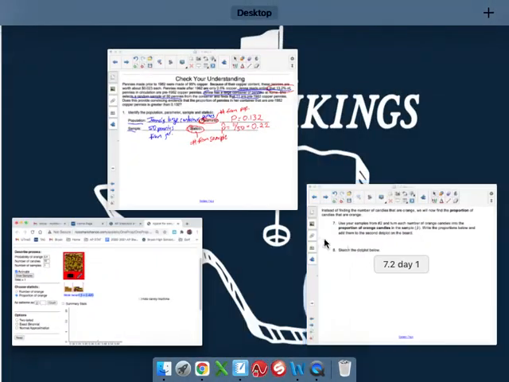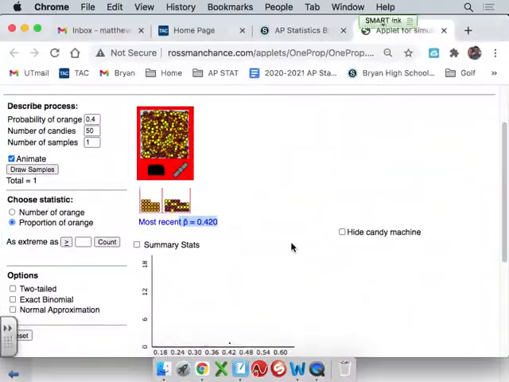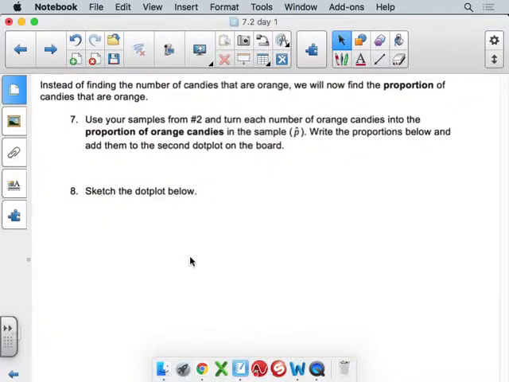So what we're going to do is, I could have y'all pull up this applet and do them and we can make a dot plot. What we're going to do is just make one together here. I'm going to do a lot of different samples and make a simulation of what it would look like.